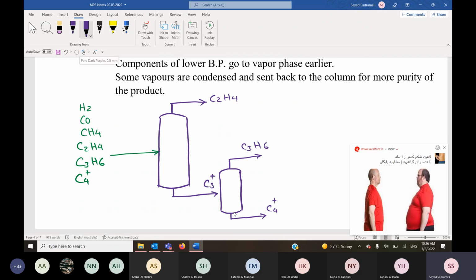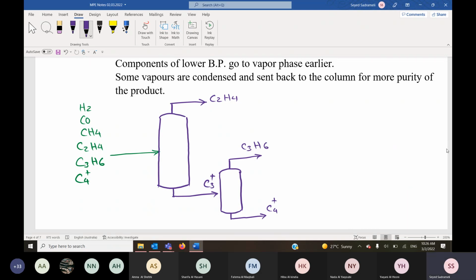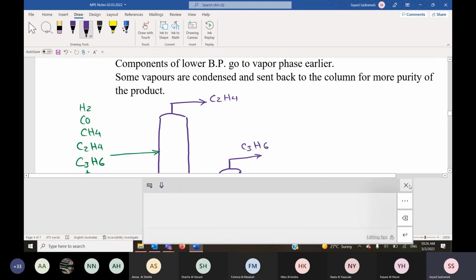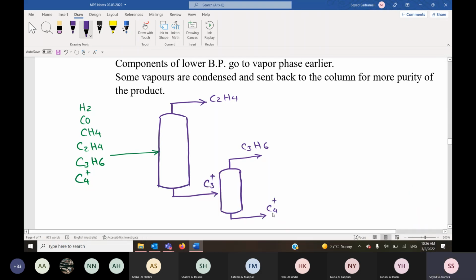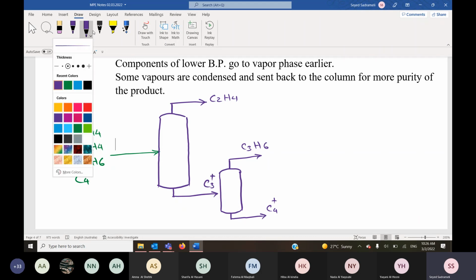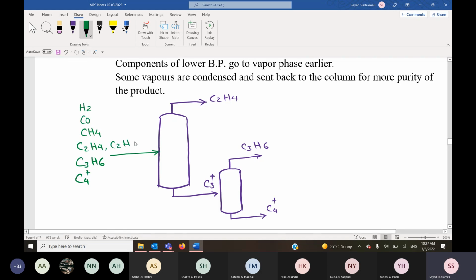There may be another column downstream to separate C4, so I'm not going to talk about that. And sometimes we have C2H4 and C2H6, and C3H6 and C3H8.